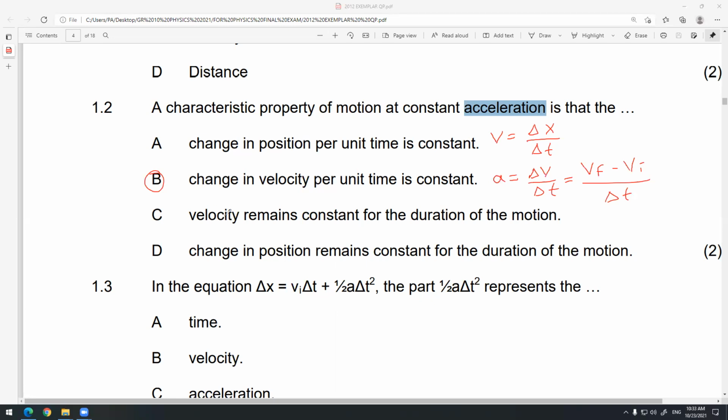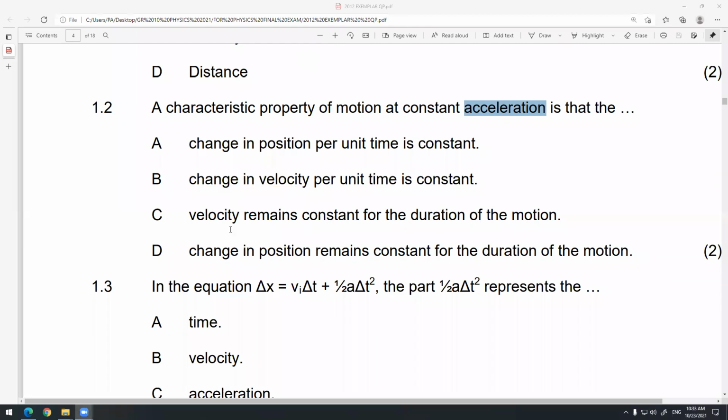Other options, let's check: if acceleration is constant, the change in velocity per unit time is constant, because this is acceleration. All of them are giving you the definition of acceleration. If you know the change in velocity per unit time is acceleration, it is easy to answer this question. The answer is B, 1.2. Let's continue with the next question.